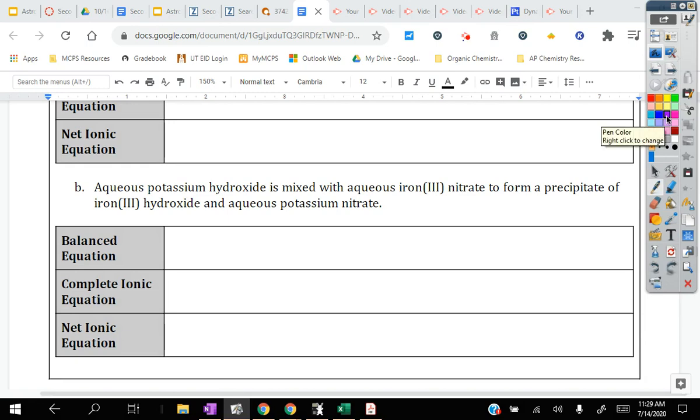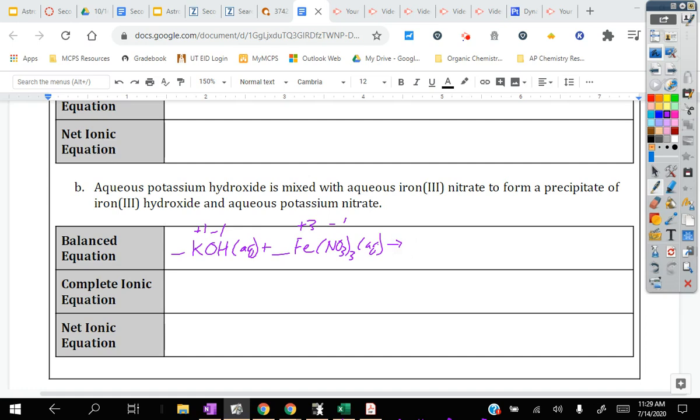We'll do purple for our balanced equation. We have aqueous potassium hydroxide, which is +1 -1. So that stays balanced. Mixed with iron 3 nitrate, which is aqueous. Nitrate is -1. So we need 3 nitrate to balance that out.